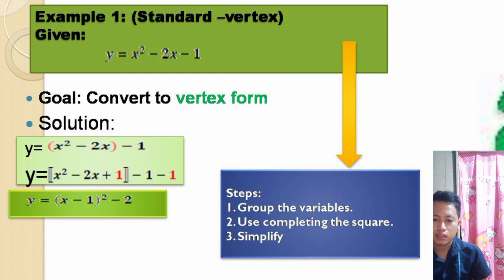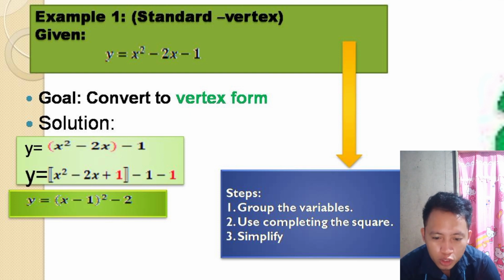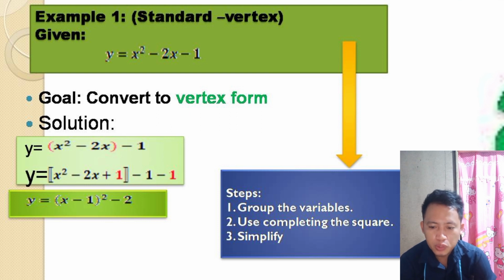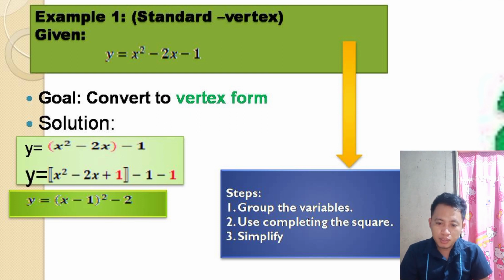Then we'll follow group the variables. So lagyan nyo ng open and close parentheses. We have x squared minus 2x minus 1 in order to group the variables. Afterwards, papalitan nyo ng bracket yung open and close parentheses because we will use completing the square. So write x squared minus 2x. So look at the second term. We have minus 2x. So divide that number by 2.